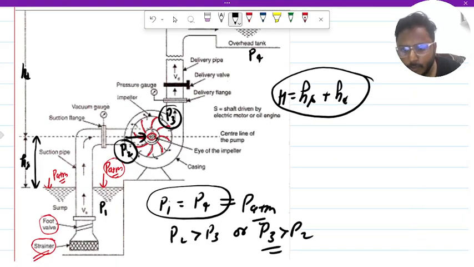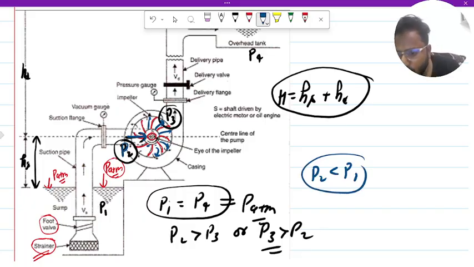Whenever the impeller starts rotating, the fluid particles near the eye of the impeller are thrown out towards the wall of the pump. Then there is a lack of fluid particles at the center, so the pressure decreases at the inlet. So P2 is less than P1.